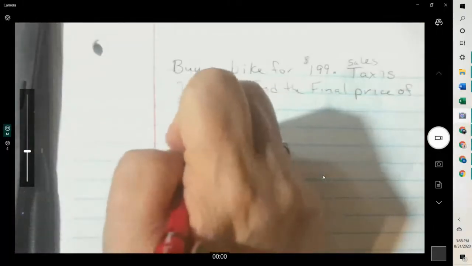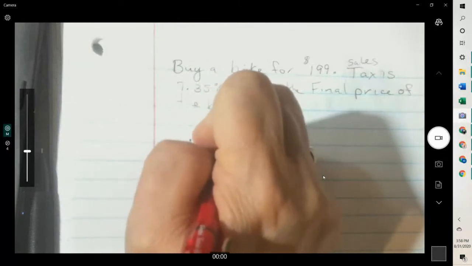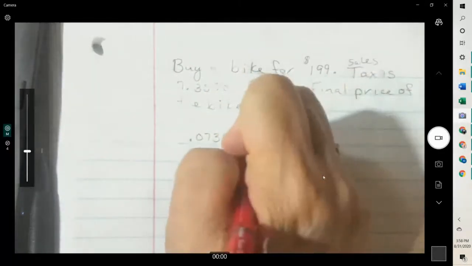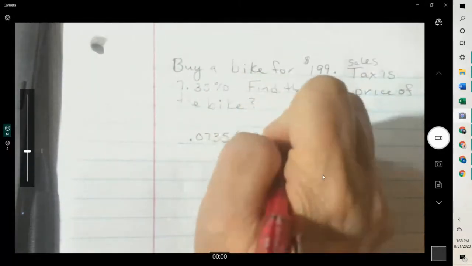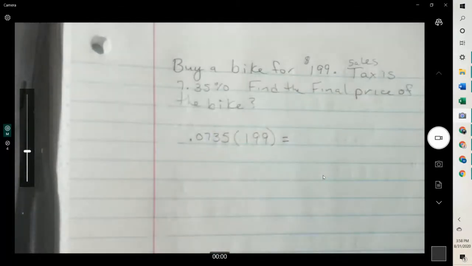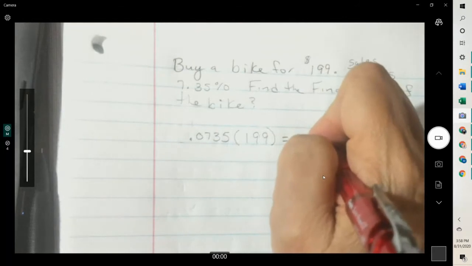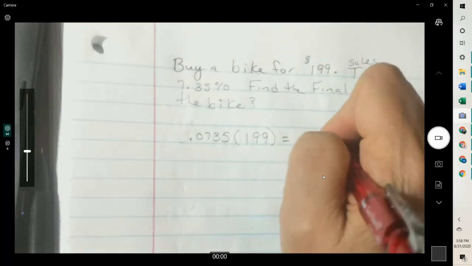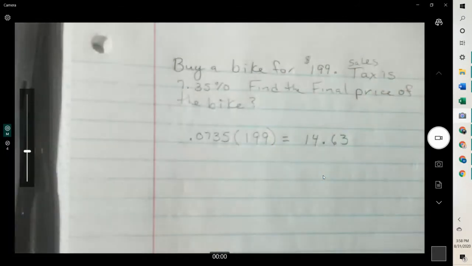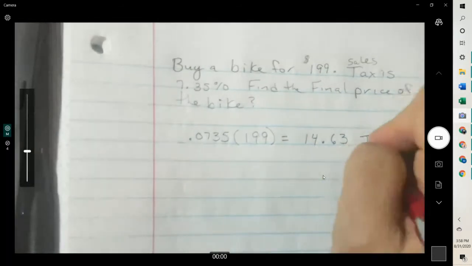But remember, you have to write it as a decimal. And rounding to the nearest cent, we get 14.63. So this would be our tax.